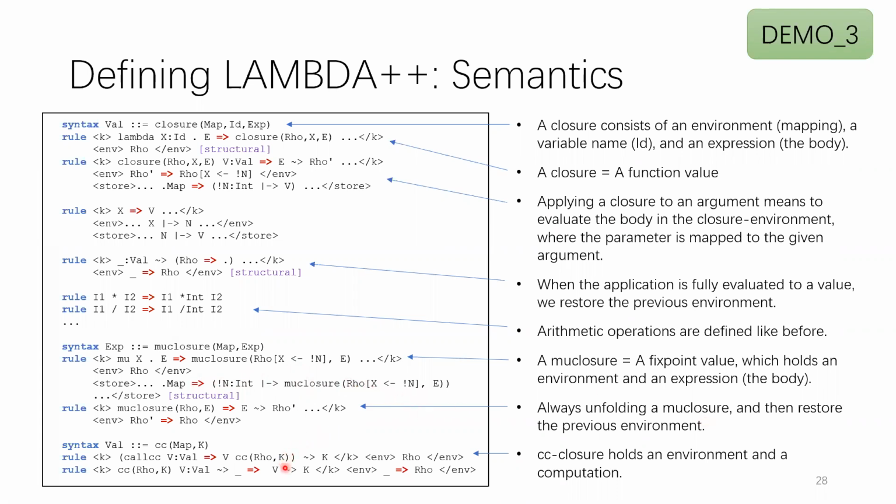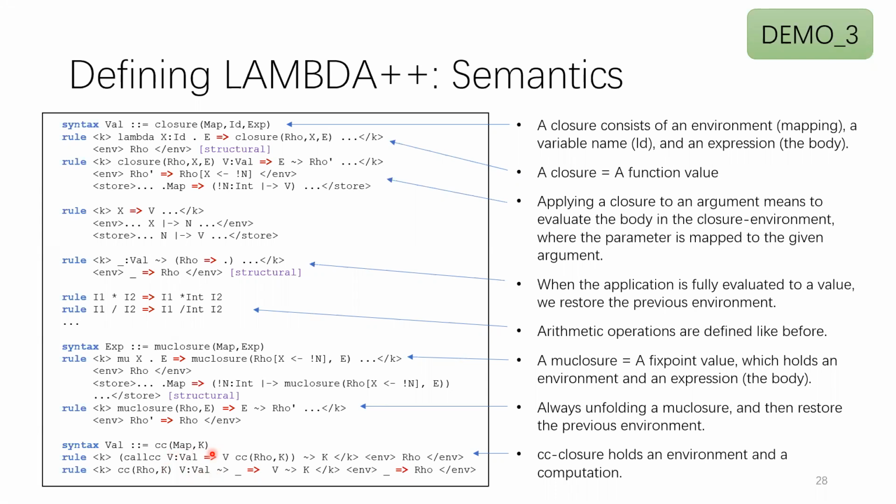And finally, let's look at a rule for callcc. And recall that callcc is all about continuation. So for lambda++, a continuation can be represented as a computation plus the environment in which the computation takes place. So again, we define a closure for callcc. This time we call it cc, taking an environment and a computation. So K represents computation.